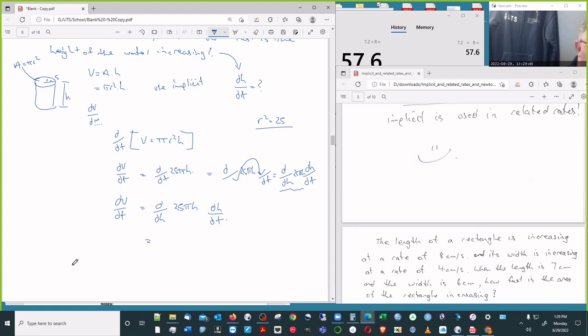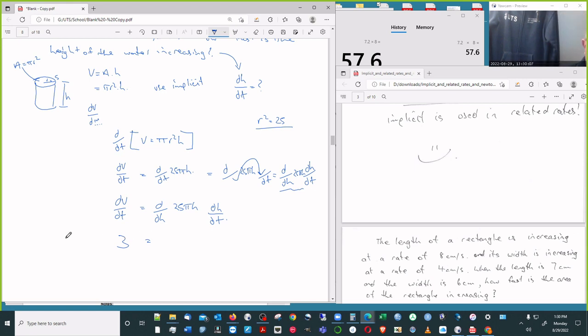It was given to us. Yeah, so you're saying we have an answer for the left hand side of the equation. We still don't know what h is. Yep, and we're trying to work out this height.